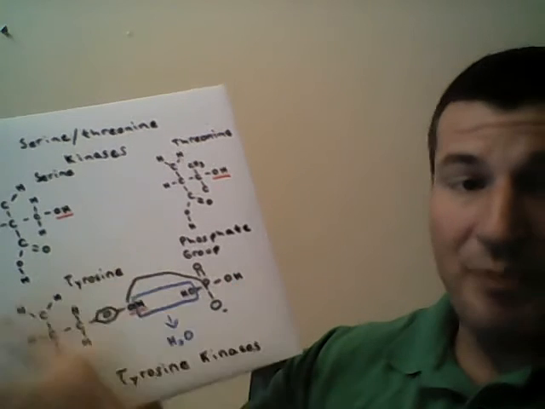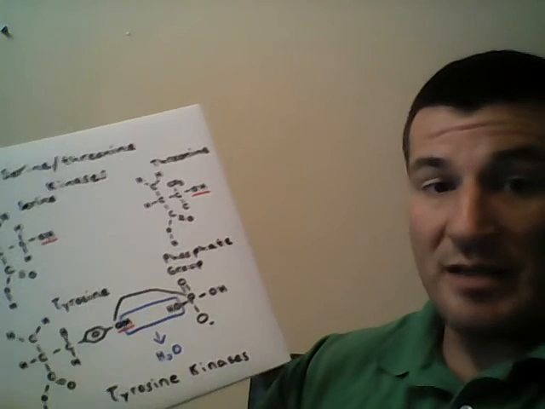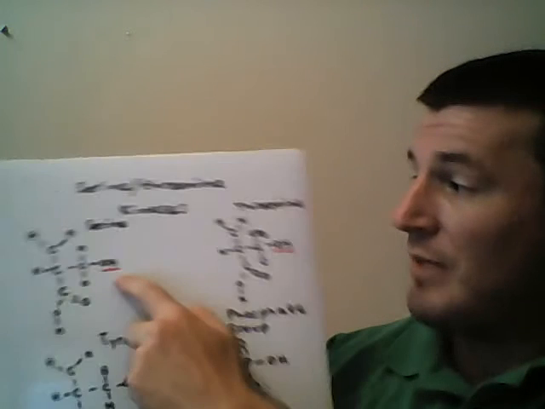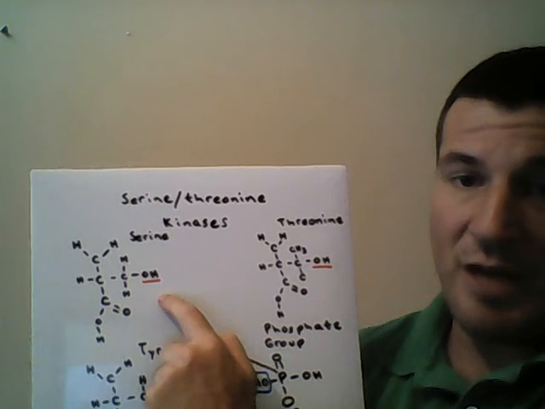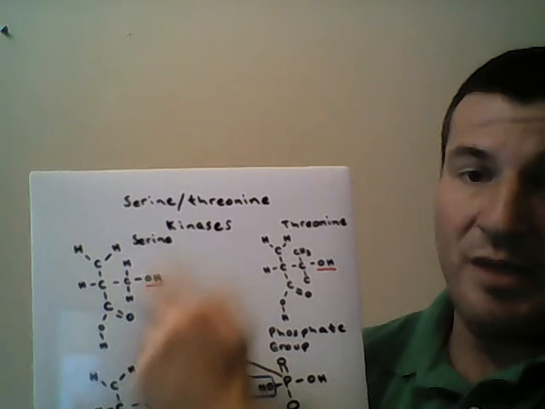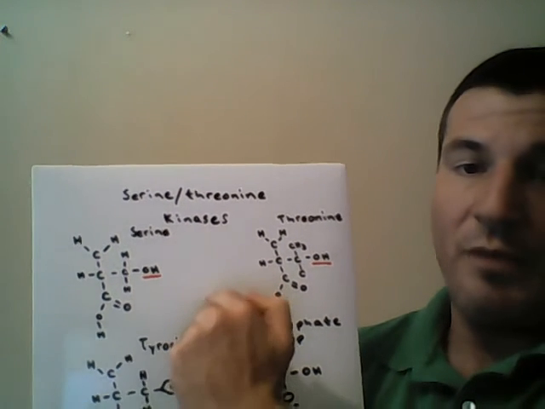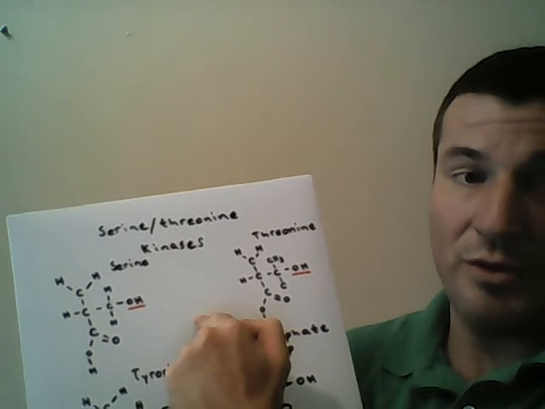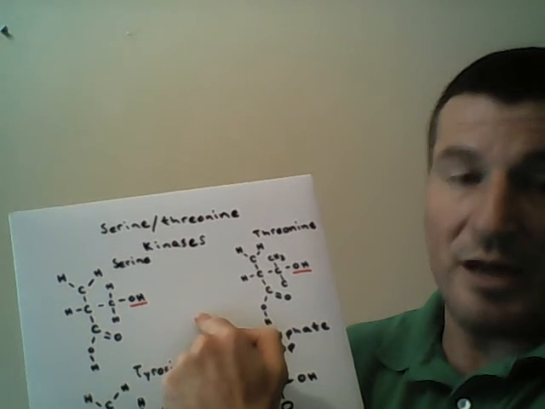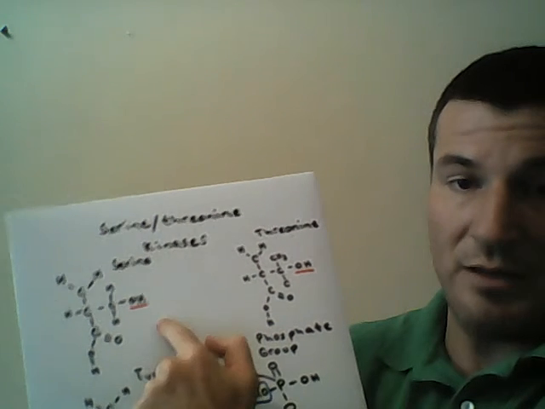And that's what's happening when these kinase enzymes are going around. And the same thing is going to happen with the serine, where there's going to be a condensation reaction, and then the oxygen on the amino acid is going to form a phosphoester link, a covalent bond, with the phosphorus atom.